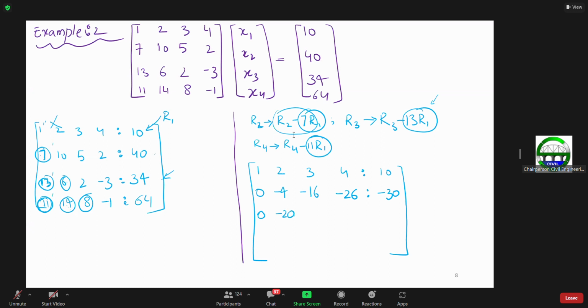And what is next here? Minus 37. What is next? Minus 55. And then here, minus 96.